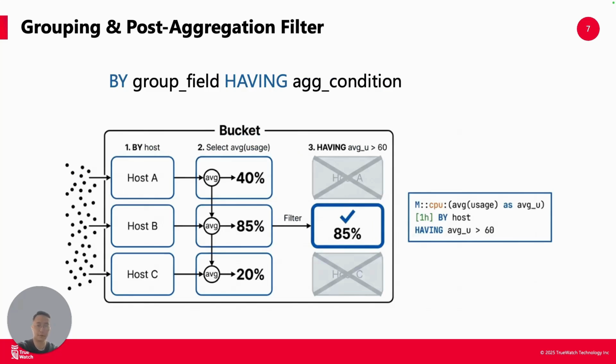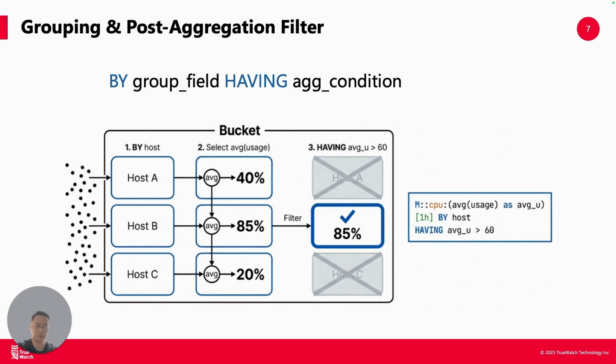So this explains grouping and post-aggregation filtering in DQL. First, by splits data into groups, like by host or by service. Each group becomes a bucket, and then we can calculate an aggregation for each bucket, like average CPU usage. So host A may be 14%, host B 85%, and host C 18%.